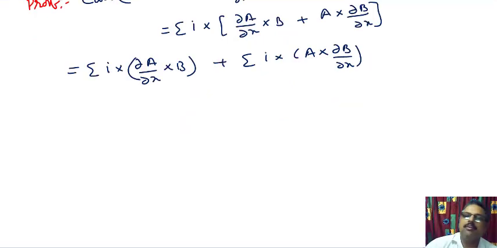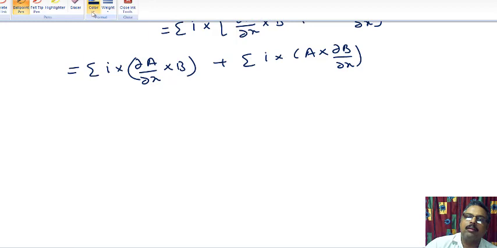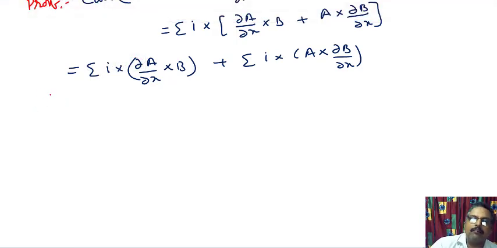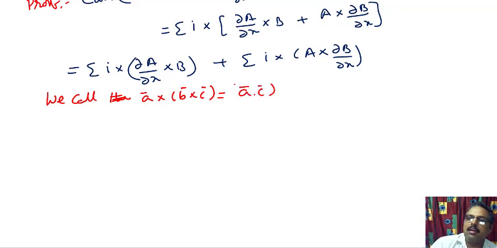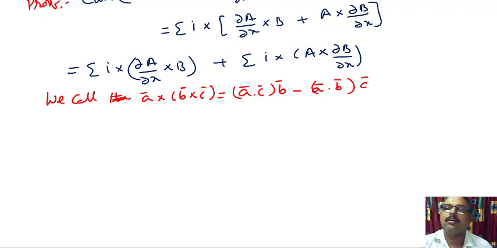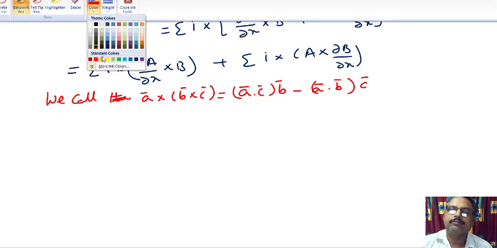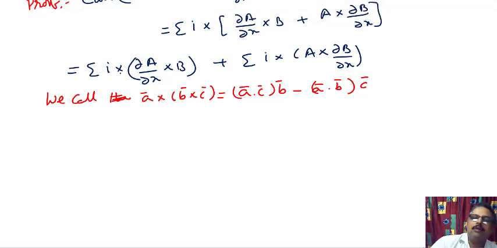Here we recall a very, very important property. We recall the important identity or property: A cross B cross C equals A dot C into B minus A dot B into C. So using this property, how do we write this term?